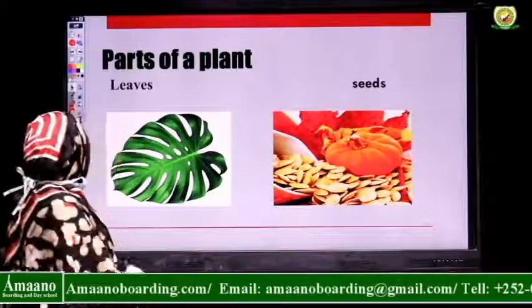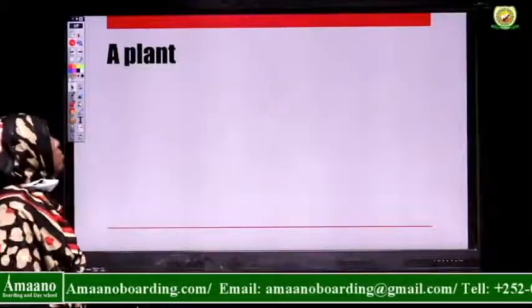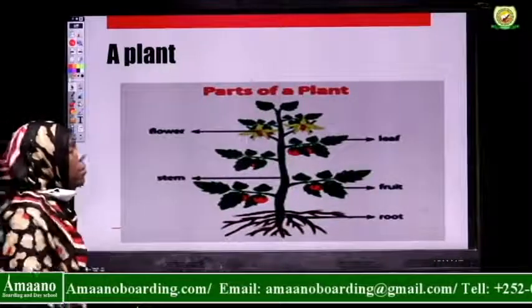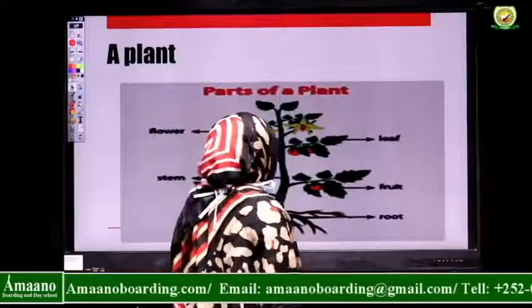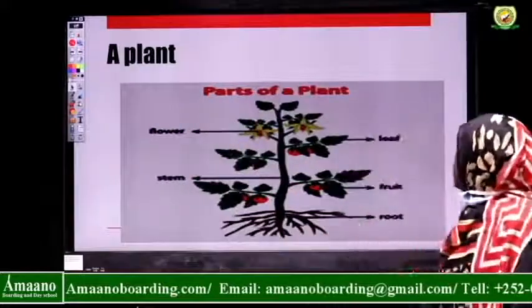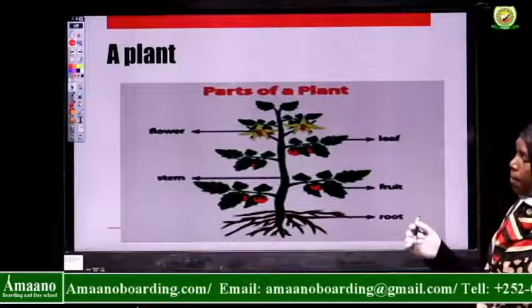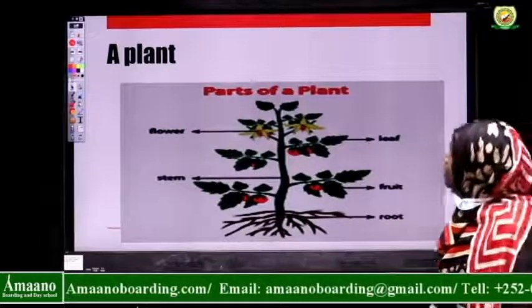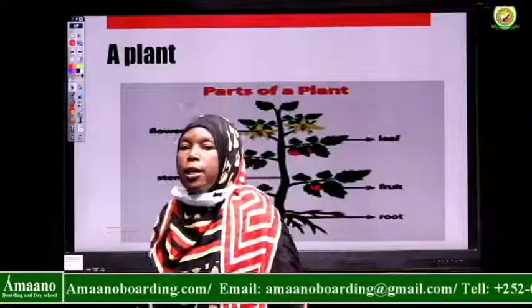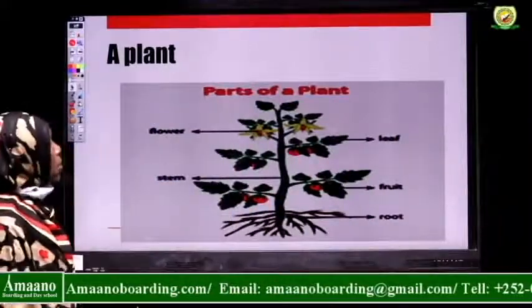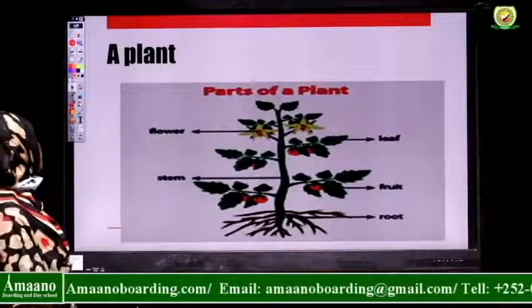Now, let us move on to our main topic today, which is parts of a plant. What are the parts of the plant? The parts of a real plant are shown on our board today.